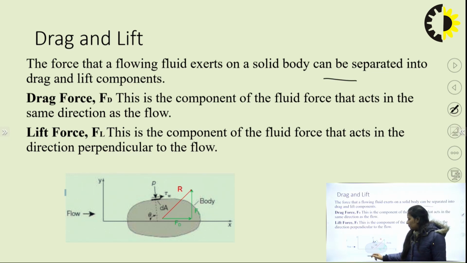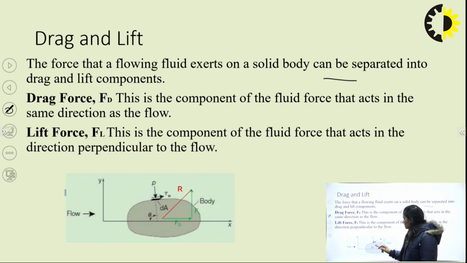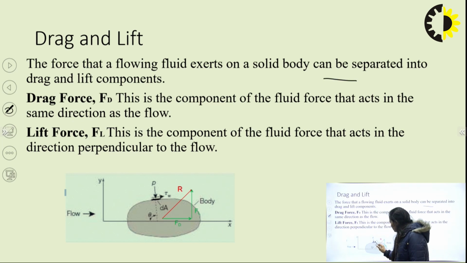Here you can see in this diagram, there is an object submerged in a particular flow. There is a small area on which pressure force and shear stress are acting.